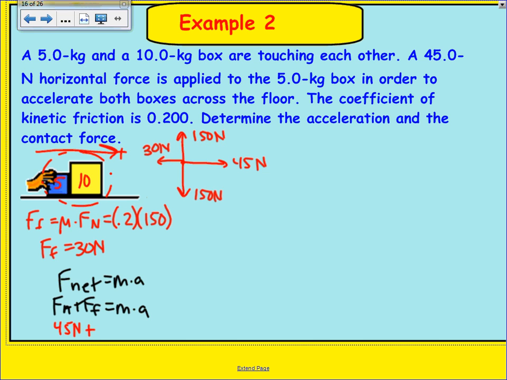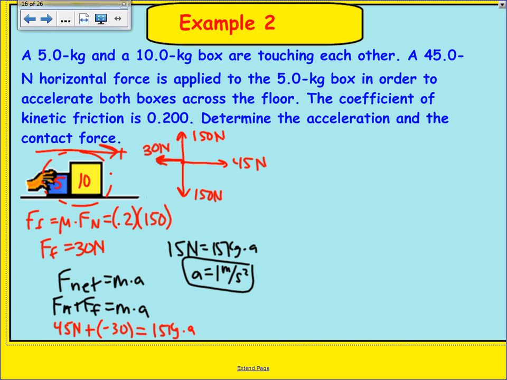Then plus my friction's 30, but it's negative 30 because friction points in the negative direction to the left. And that's equal to the mass of 15 kilograms times a. If I clean that up a little bit, 45 plus a negative 30 gives me 15 newtons. That's equal to 15 kilograms times a. So acceleration would be 1 meter per second squared.